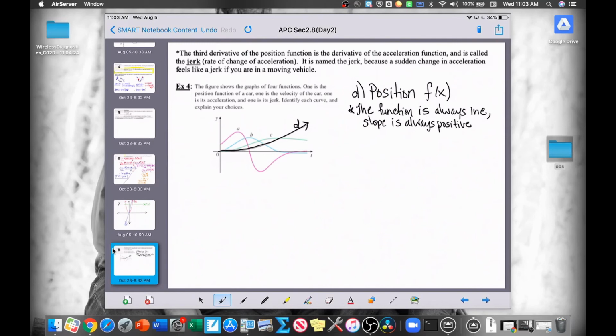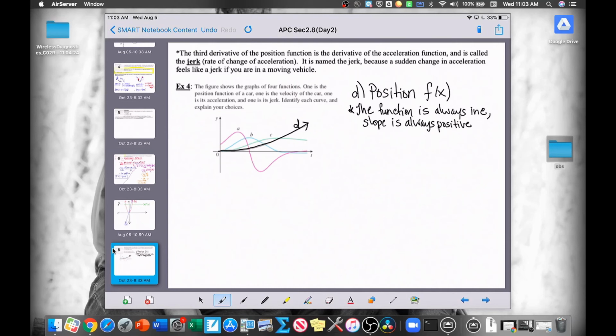Okay, so now that we've established that that black line is our f of x, based on that, let's try to figure out our first derivative of that function. Now, if the function is always increasing and the slope is always positive, then that means that our first derivative should always live above the x-axis.